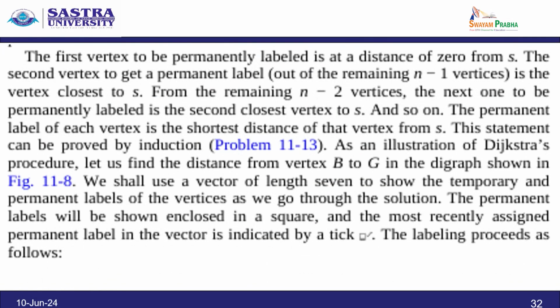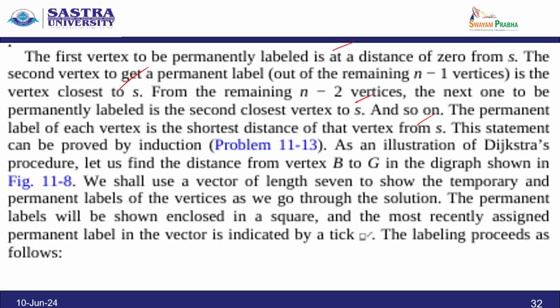The first vertex permanently labeled is at a distance of 0 from s. The second vertex to get a permanent label is the vertex closest to s. From the remaining n minus 2 vertices, the next one to be permanently labeled is the second closest vertex to s, and so on. So the permanent label of each vertex is the shortest distance of the vertex from s. This statement can be proved by induction.